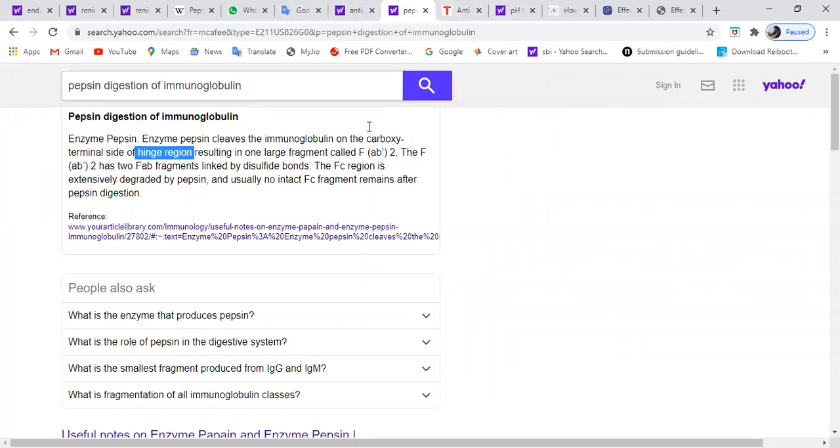If you do not remember the structure, let me draw it. Suppose it has the Y shape of an antibody. These have two light chains. Let me draw with a different color. Green colors are called heavy chains, red colors are called light chains of the antibody.